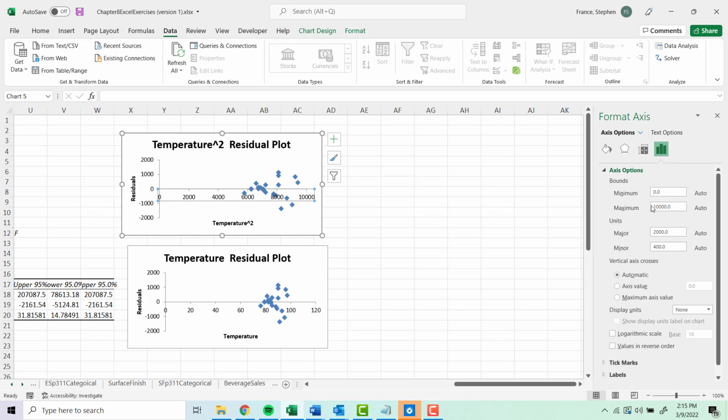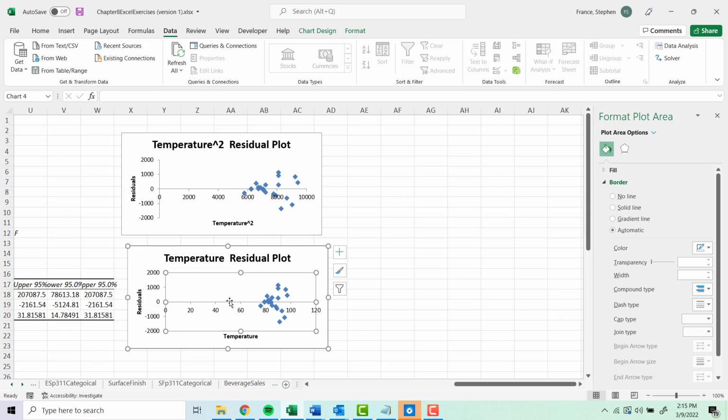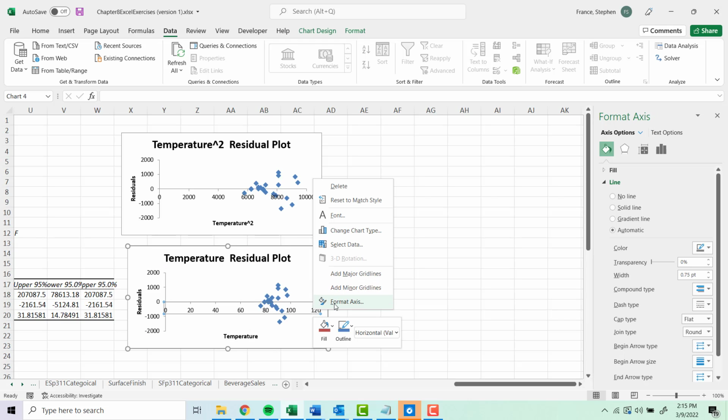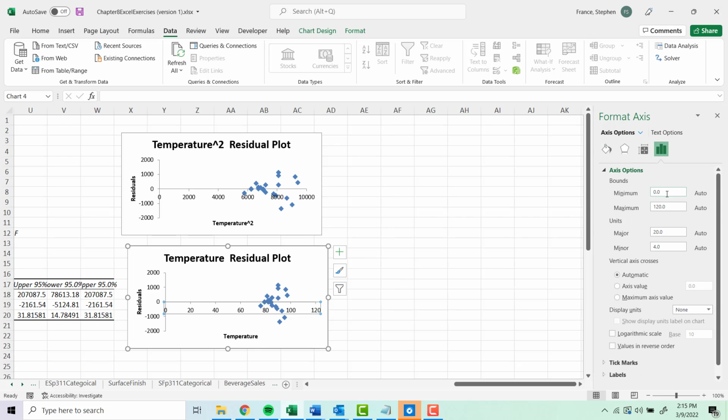So let's format axis. We'll do the temperature first, so we'll start with 70. And you see it seems a little bit more random here.